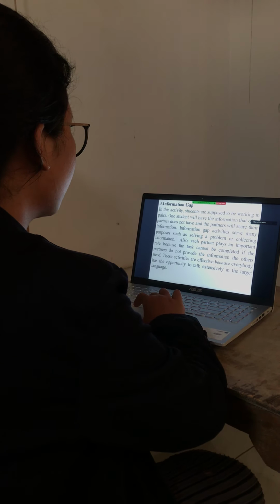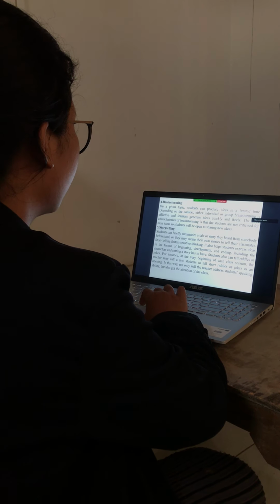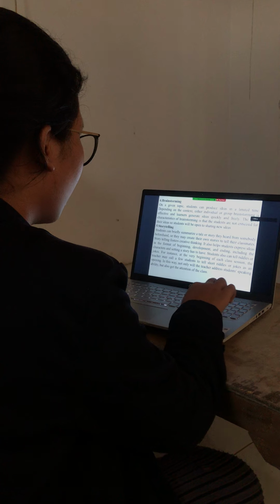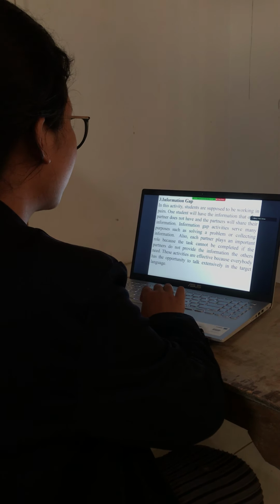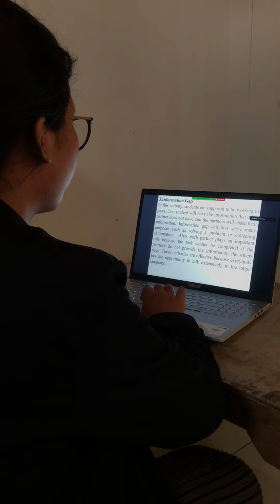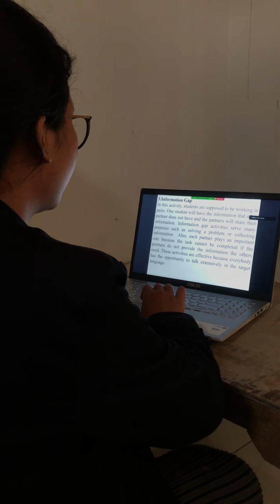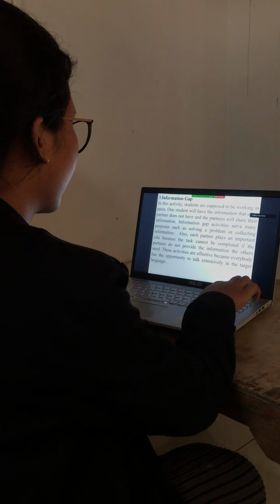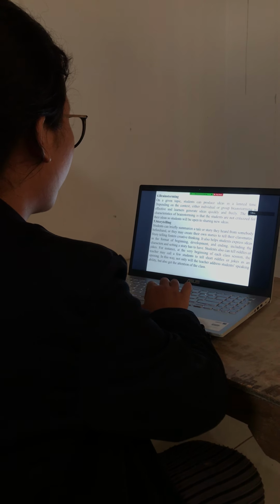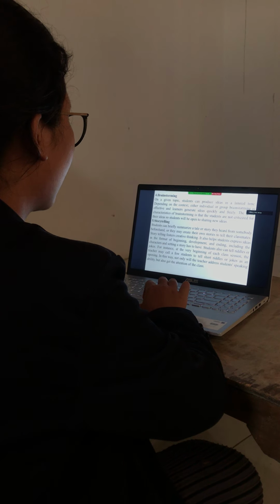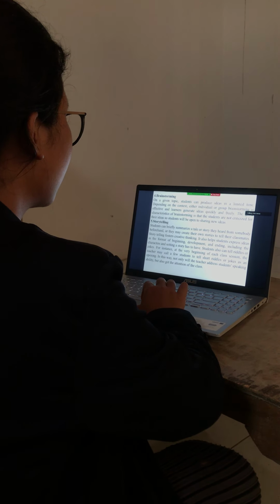Number three, information gap. In this activity, students are supposed to work in pairs. One student will have information that the other person does not have, and the partner will have their own information. And then number four, brainstorming. On a given topic, students can produce ideas in a limited time.